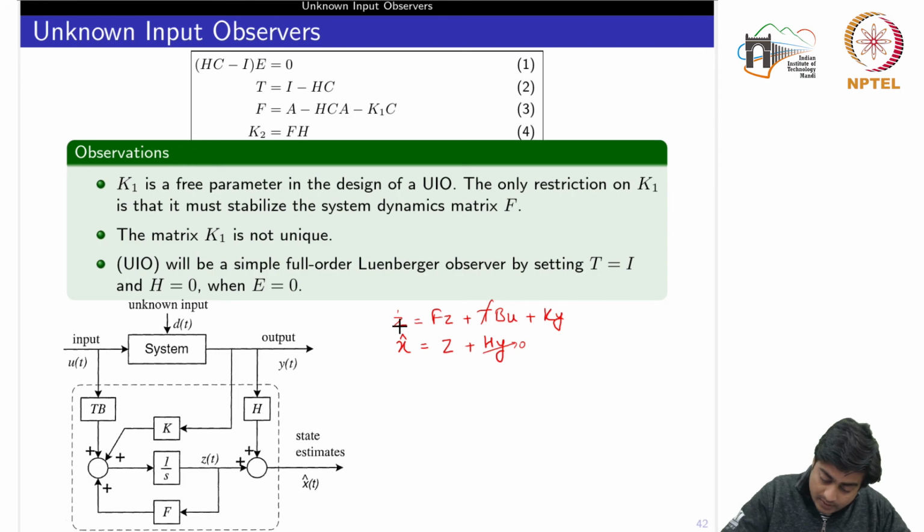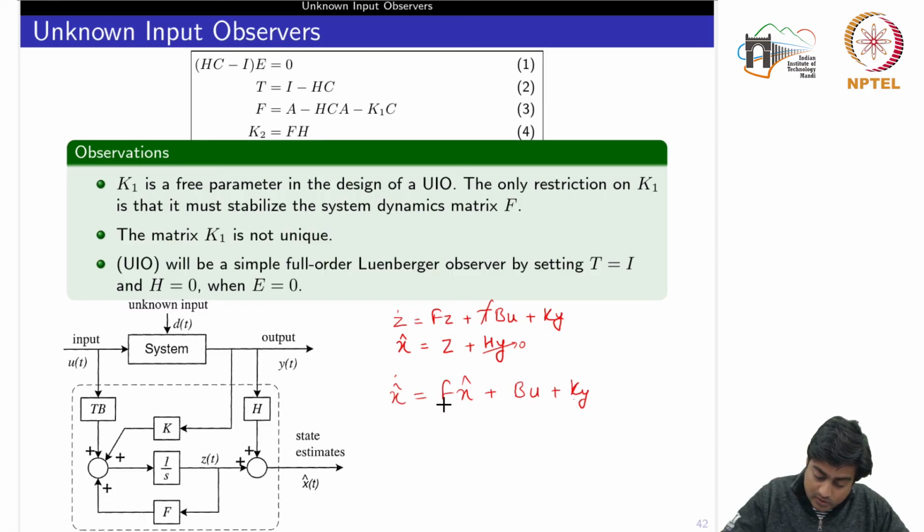So substituting z by x hat in the first equation, we would have x hat dot is equal to F x hat plus Bu plus Ky. So this is the same observer we had designed in the starting of this week, where if you recall, instead of this K matrix we have used an L matrix.